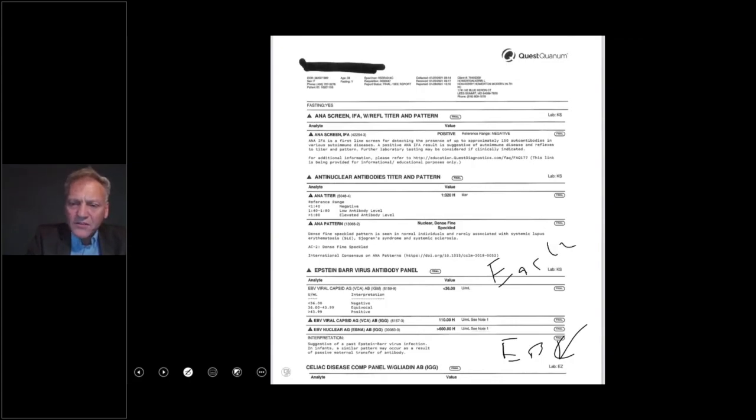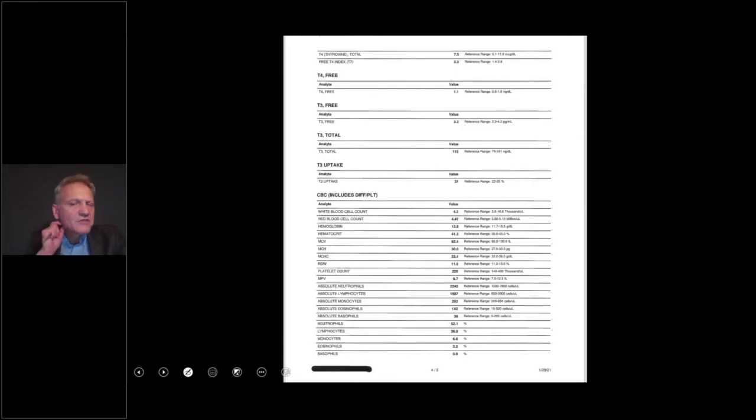That's really the one that's going to tell you if it's activated or not. The viral capsid could be positive. The nuclear antigen could be positive and you still not be activated. So you need to really know that. So you need to do that early antigen test. I think it's called EBV-EA, early antigen.